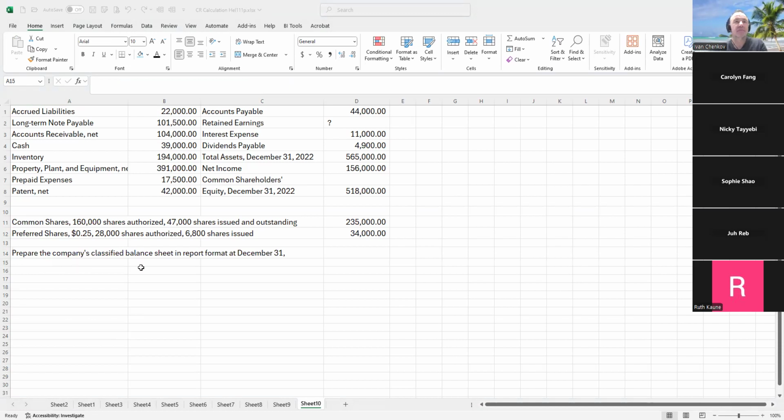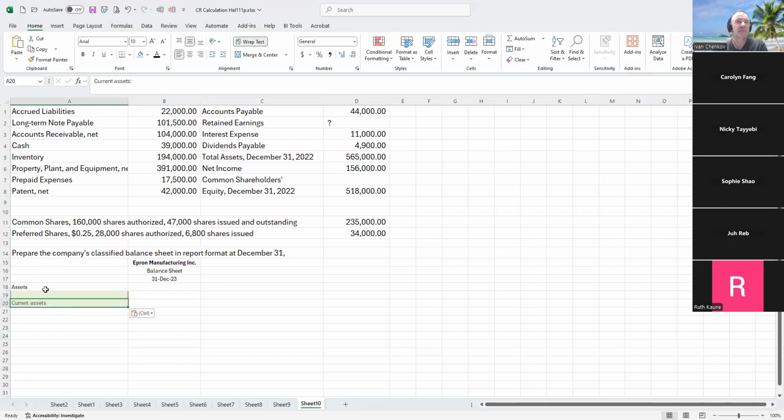We're going to start one after another. First, we're going to start with the general thing: company name, balance sheet, and period. Good thing again, you don't have to do this. It's going to be given to you, so you don't have to worry about it. Then the next thing you have to do is the current assets.